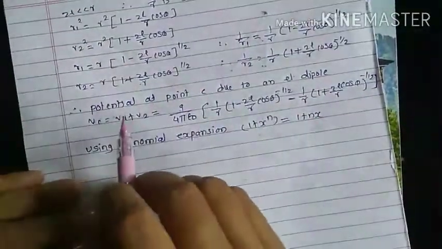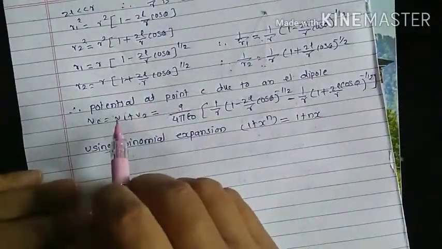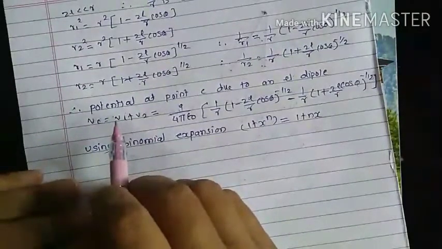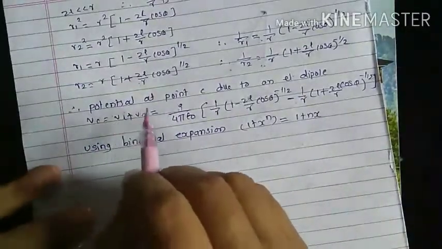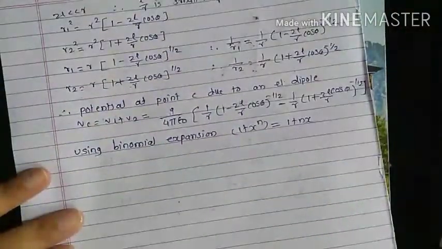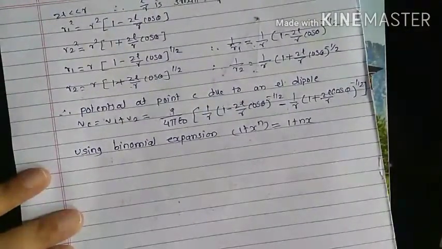Here, x is very small. Therefore, we keep the terms up to the first order of L by R.